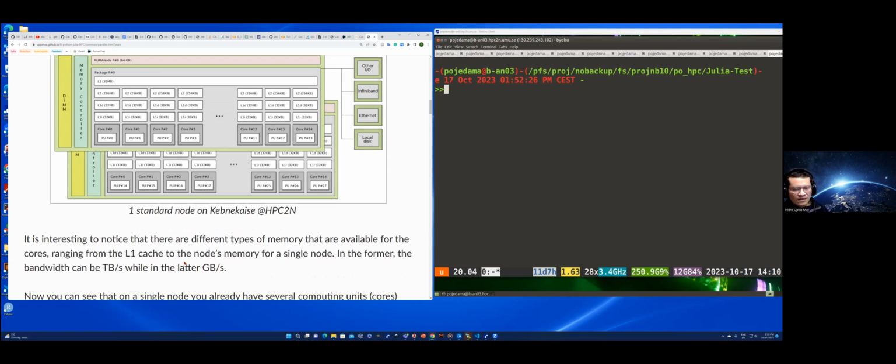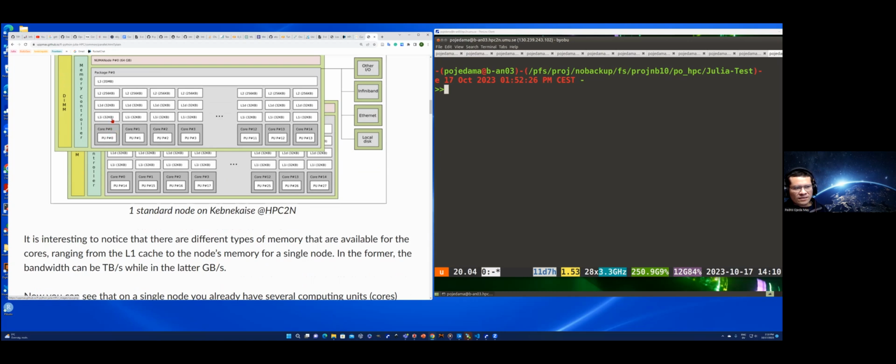That's why, if you are writing a very efficient or fast code, in general, you are targeting these memory spaces.